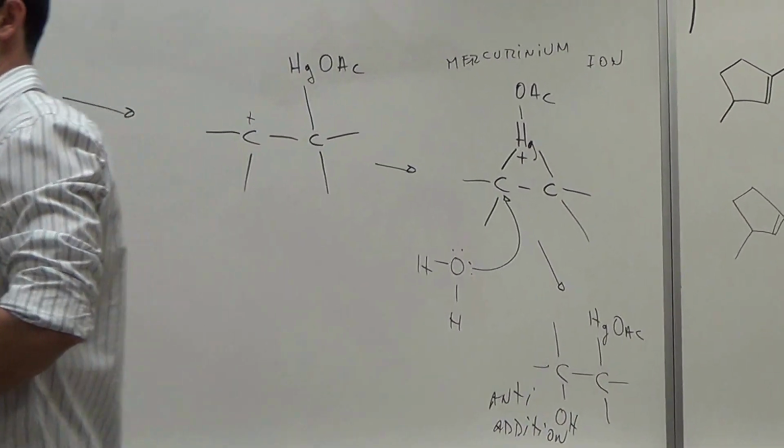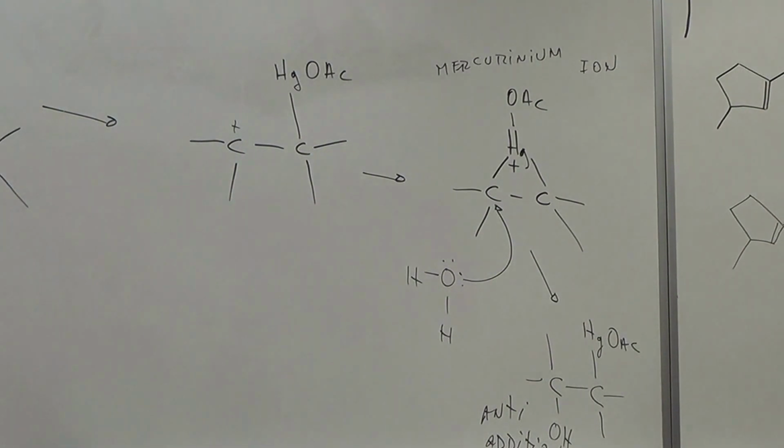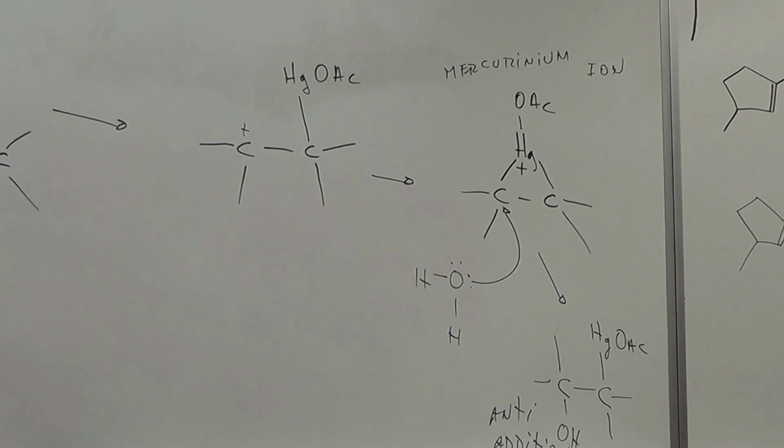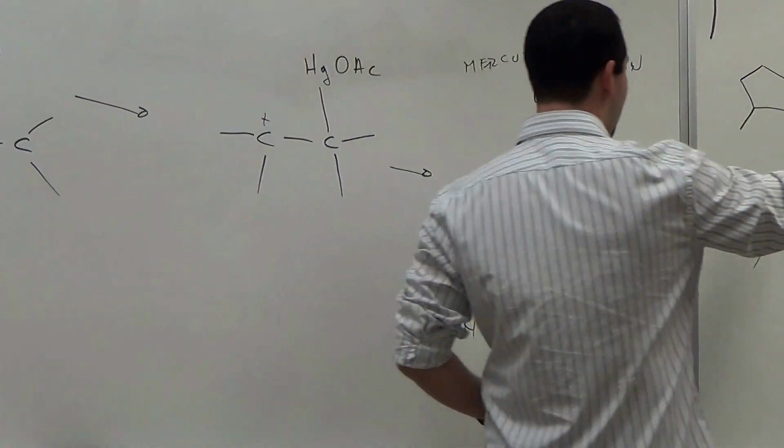Now, the next step, we are not going to do in this class. The next step is one in which the HgOAc is taken away and replaced by hydrogen. This is the reduction part, which is with sodium borohydride.